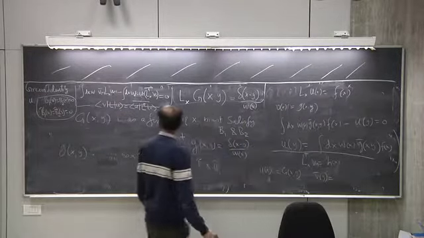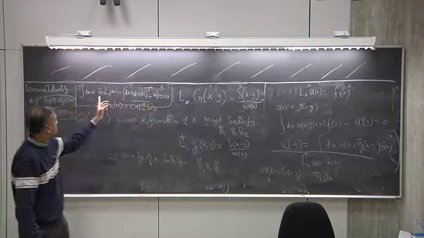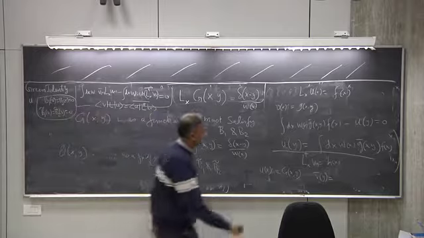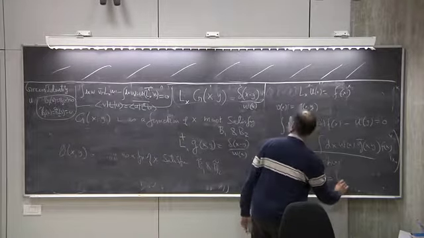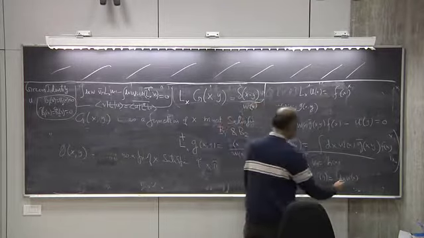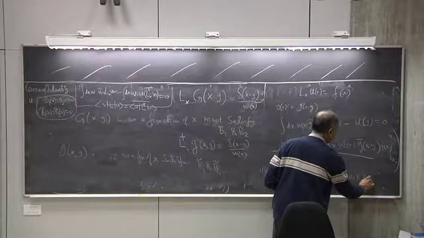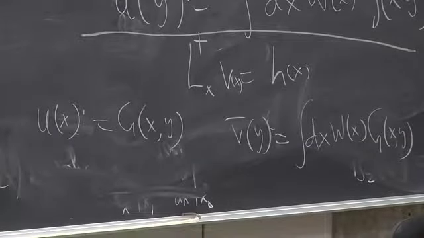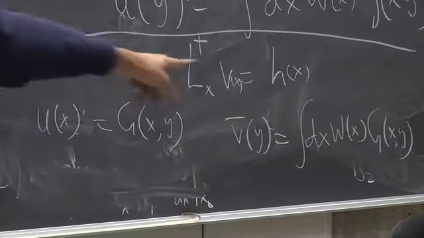So this gives you v bar at y equal to, I take this on the other side. After all, this minus that is equal to 0. So now you have dx wx, and u is capital Gxy, and then L dagger V is equal to h.